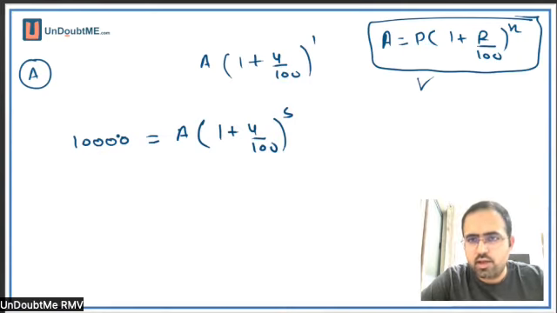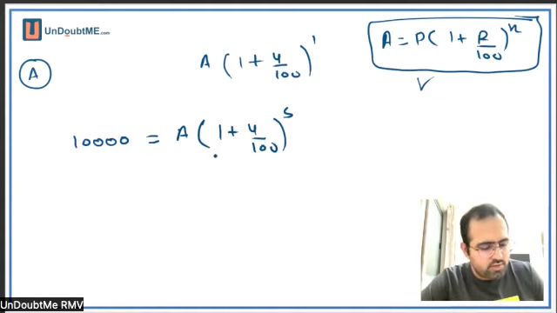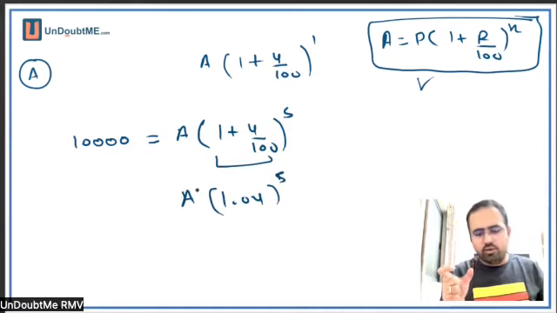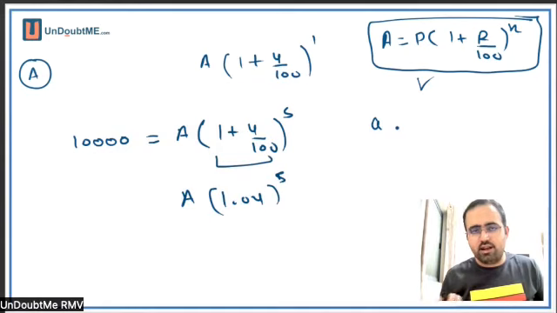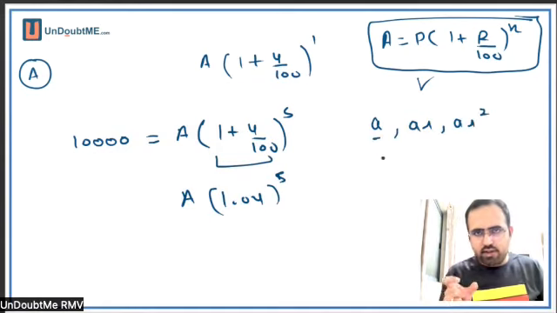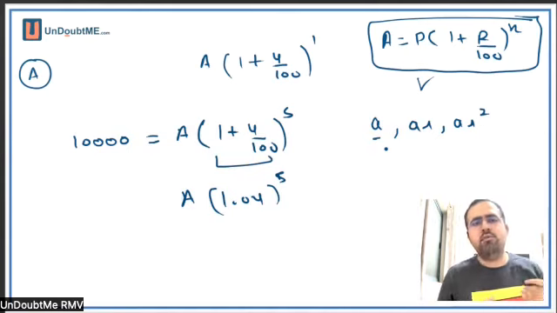And if you want to see which type of sequence this is, this is a question of geometric sequence. Because when you solve this, it is 1.04 to the power something. So A is a fixed value. Like in a geometric sequence, what was that? It was a, ar, ar square, and so on. So A is a fixed value which is being multiplied by a certain multiplier.